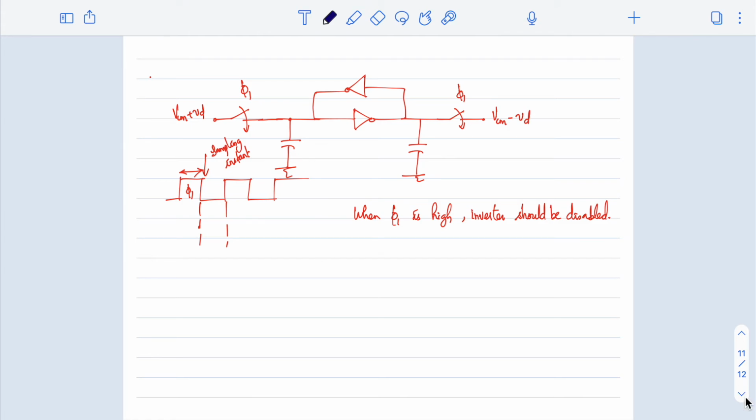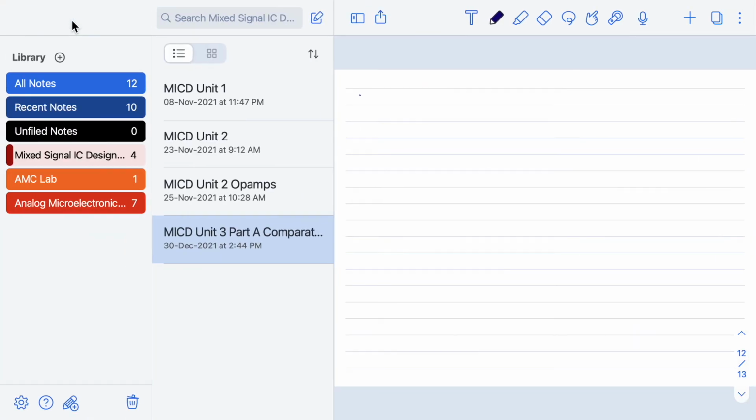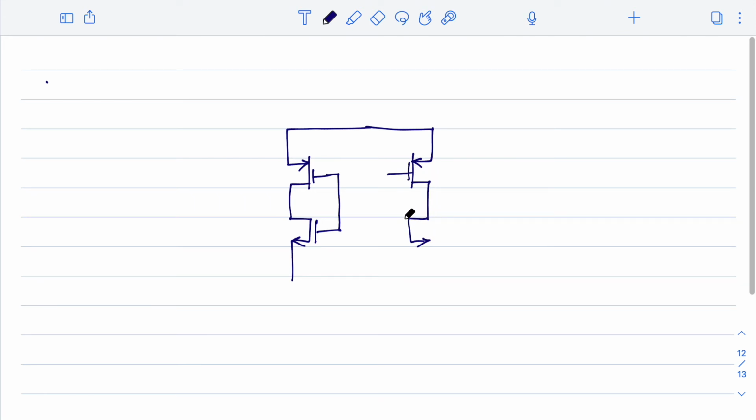One method is, let me draw in a new page. So this is the inverter. Now the input of this is connected to the output.